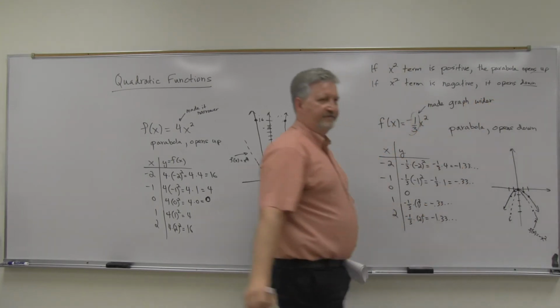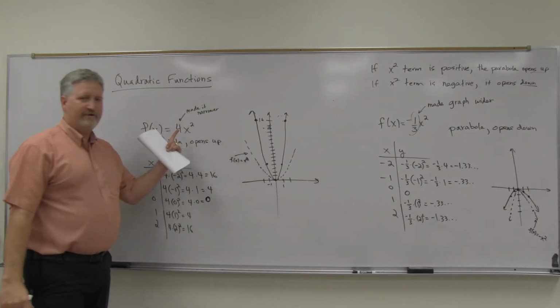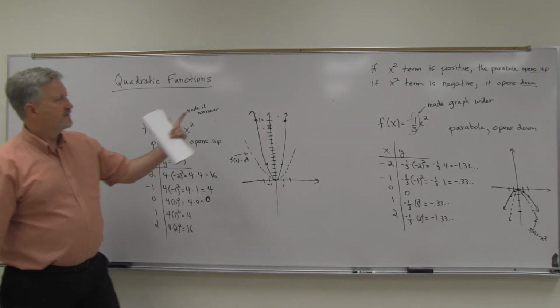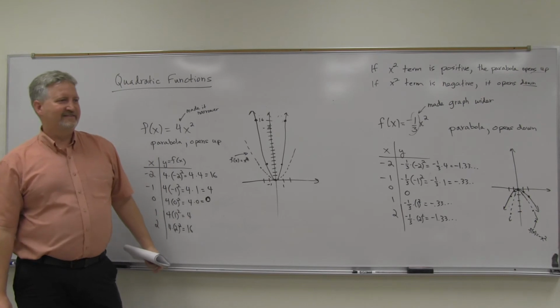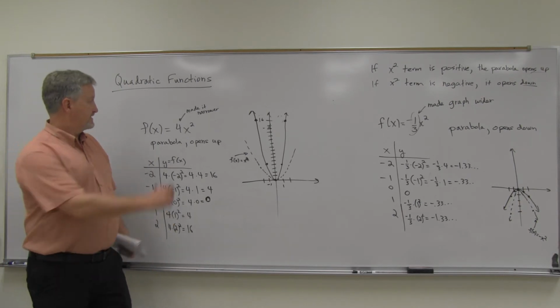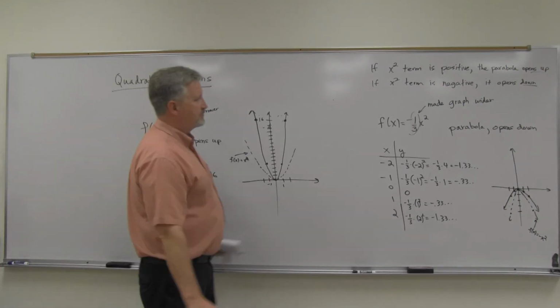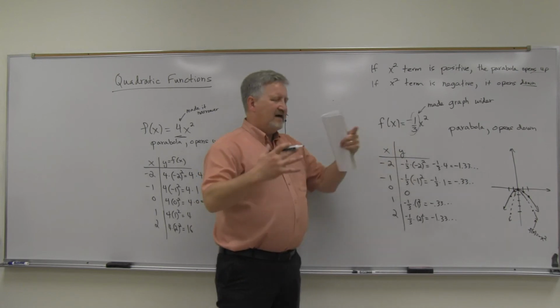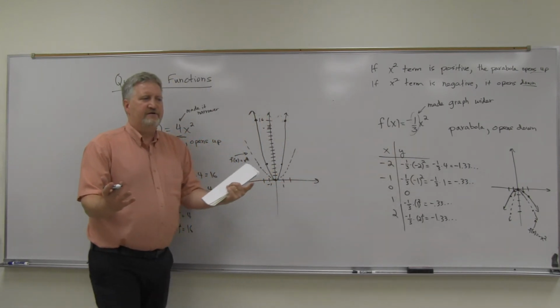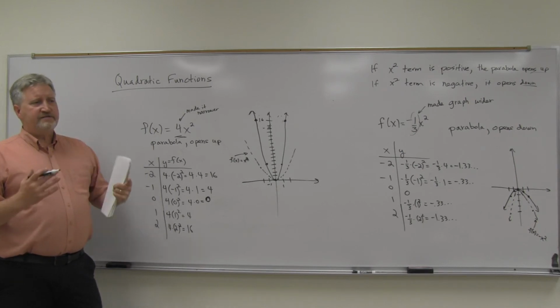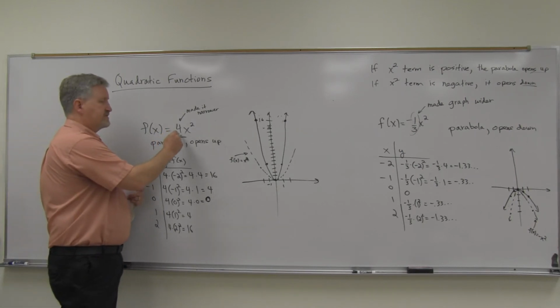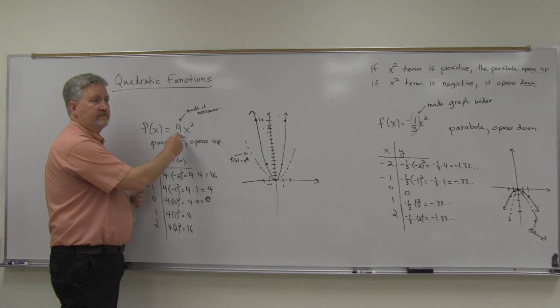Well, what was the difference? This one made it narrower than original. This one made it wider than it was originally. What's the difference? Well, it's this number right here, right? This one's 4. This one's technically just the 1/3. The deal is whether or not this is bigger than 1.